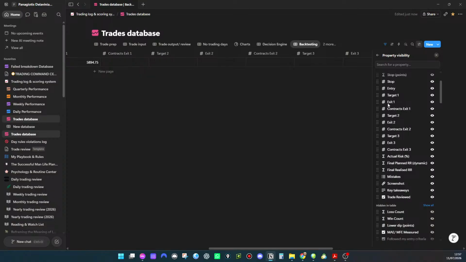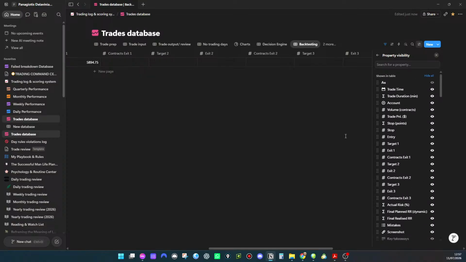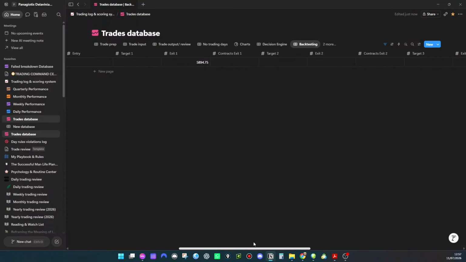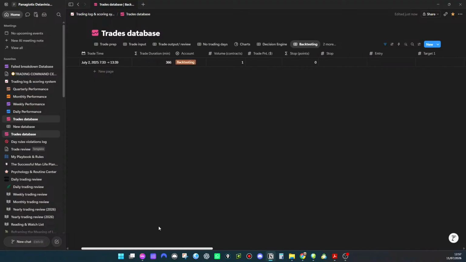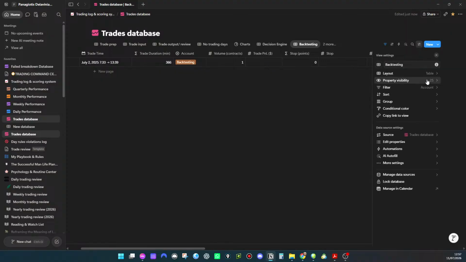There we go. For the target exit the context. Okay, cool. So we go back, and there is somewhere, I think there's another property which gives me automatically the PNL.